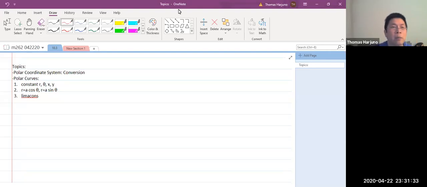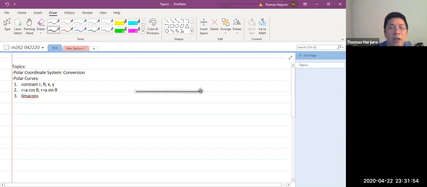Now let's think about what is the polar coordinate system first. A polar coordinate system is a coordinate system that starts from simply a pole. From a pole, you can say this is the pole, okay?